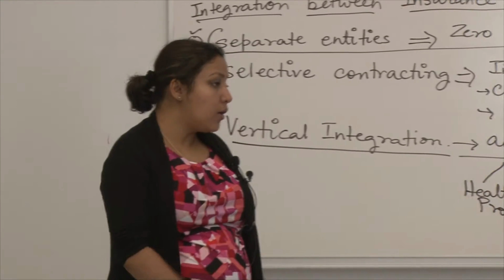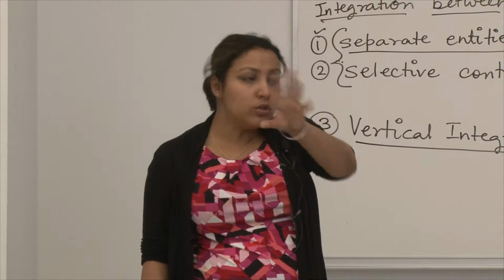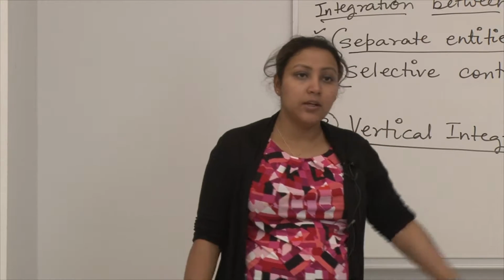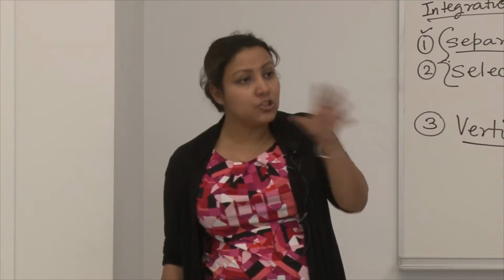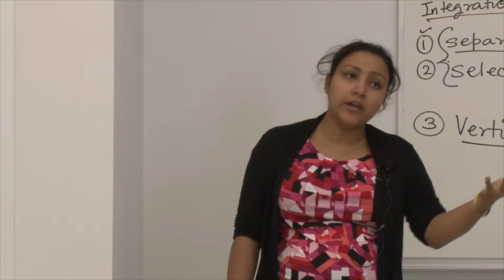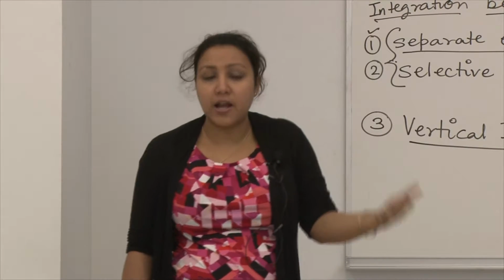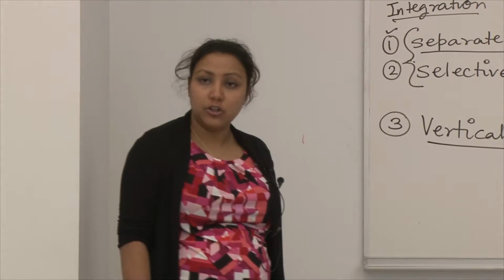A managed care organization is any such organization which has two distinct divisions, one that provides health insurance, the other that provides health care. But both these divisions are driven by the same set of goals, objectives and motivation. So they are trying to fulfill the same things. Okay? And by same things I mean what kind of price they should charge and what quality of care they should be providing to the patients.